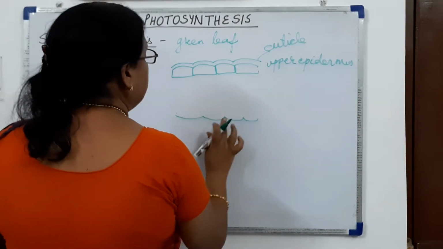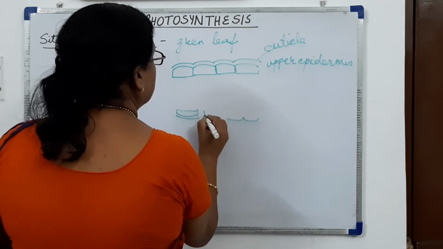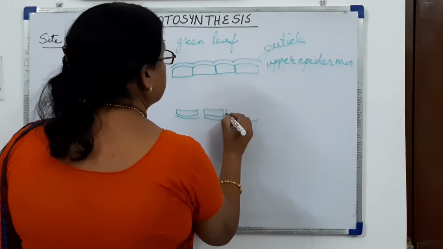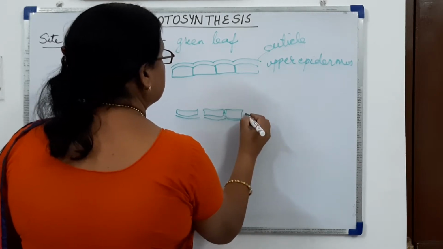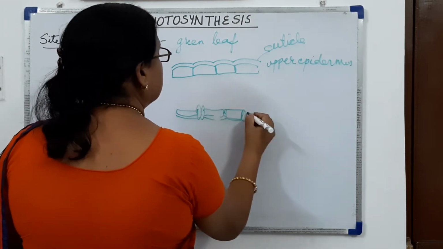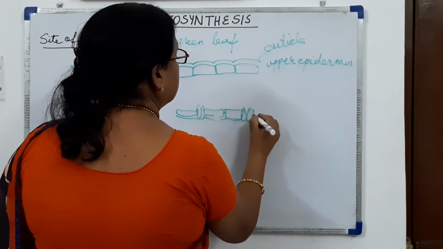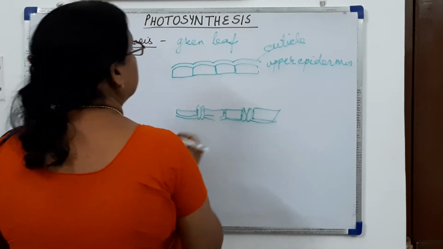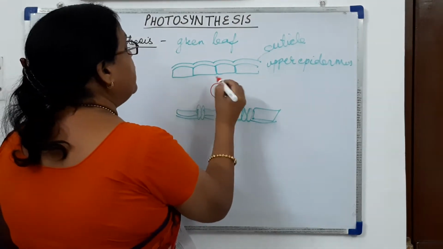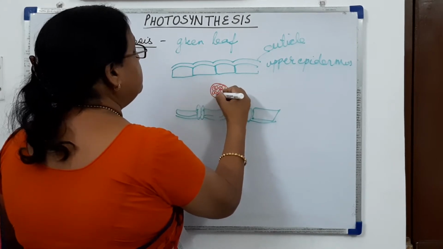Then in the lower epidermis there will be the stomata, then in the center there will be the vascular bundle containing the xylem and the phloem.